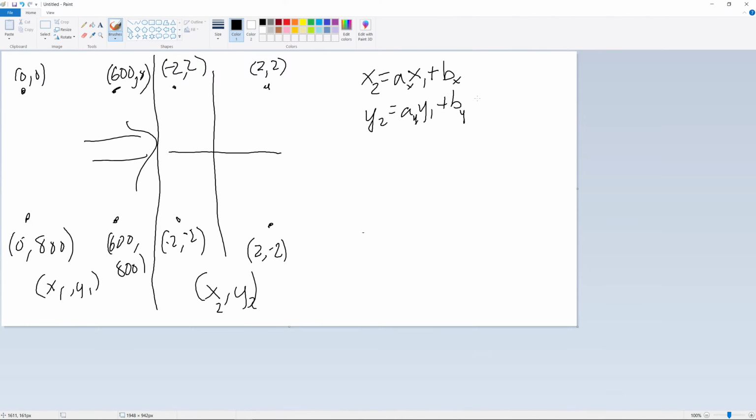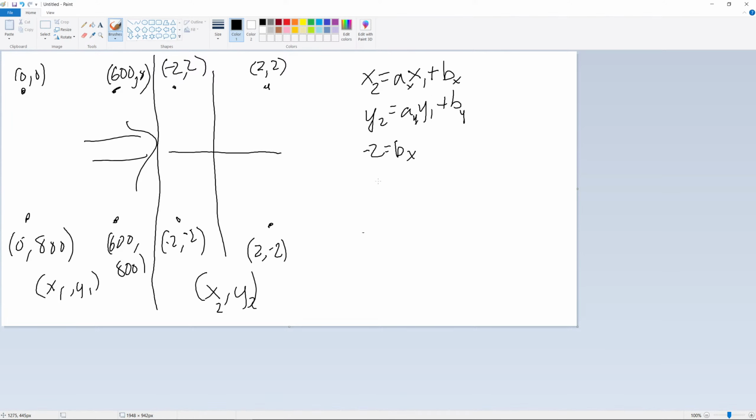Yeah, these a's and b's may not be the same. So let's just try negative 2 equals bx.